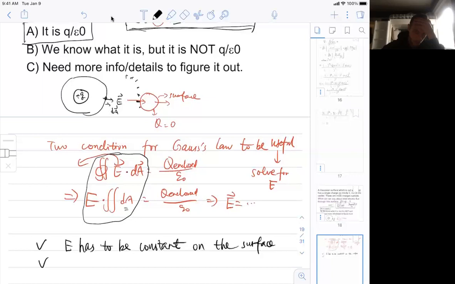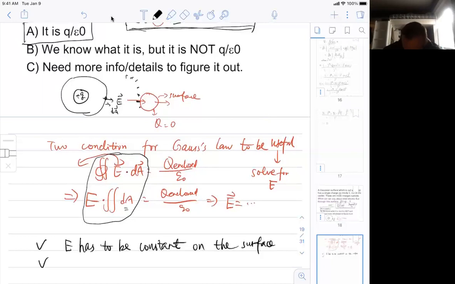For example, if you have a point charge or spherical symmetry, you use the sphere as your Gaussian surface, because that dA is in the same direction as E. Sometimes dA has multiple sides, right? Like if you have a cylinder, then you have the barrel, the top and the bottom, so you have multiple sides.